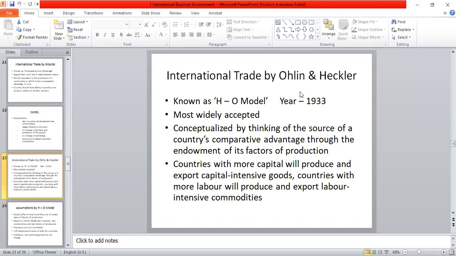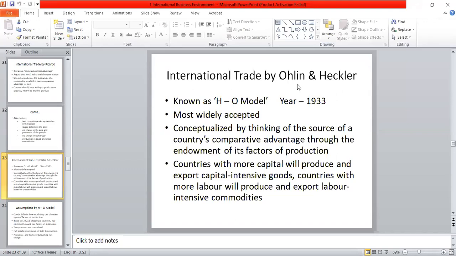A country like France is known for capital intensive goods. They produce and they export. There is some equipment required by defense, and that equipment is purchased from France.